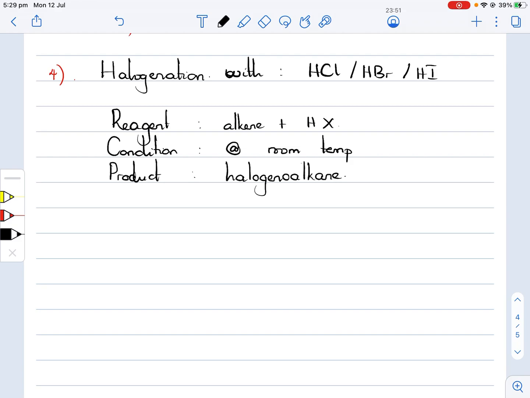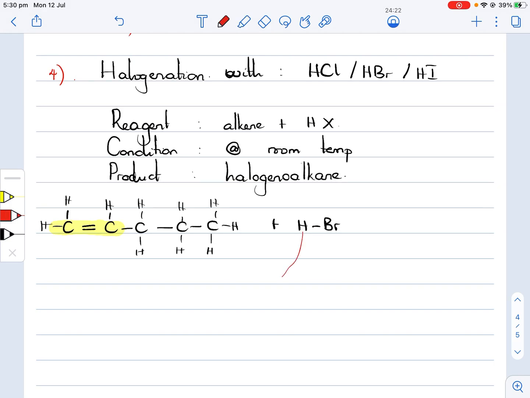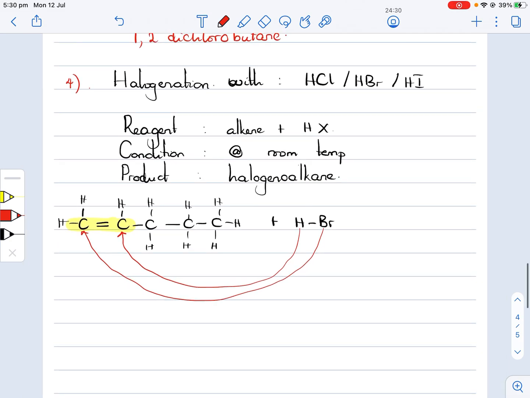Let me use a molecule like pentene. Pent means that I have 5 carbons. So now the reaction is only going to be happening at the 2 carbons that are sharing the double bond. And I'm going to use HBr, hydrogen bromide. Focus is here only. The rest of the molecule, you leave it as it is. So there are 2 possibilities. One, I can bring my H to the second carbon, and I can bring my Br to the first carbon.